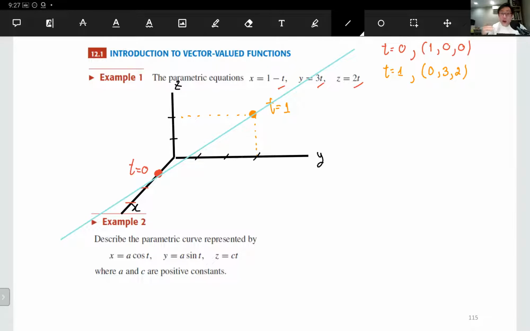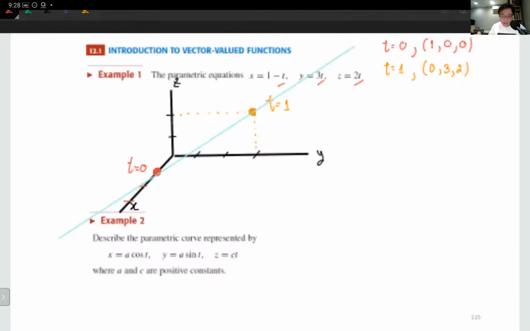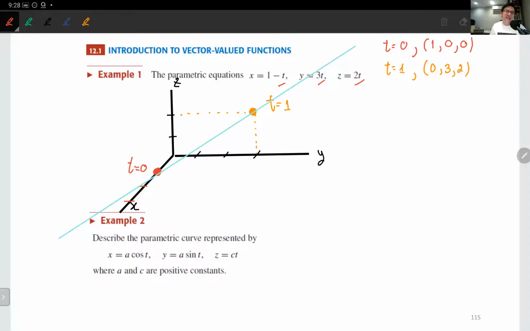Now, what I am going to do is place a vector into this. How? What do you think? How am I going to be able to do it? Well, this is easy because of what we did before. Think of it this way: every time you have a position in x, y, z coordinates, I can turn that into a terminal point of a vector. You guys with me? So this one can be turned into vector 1, 0, 0.